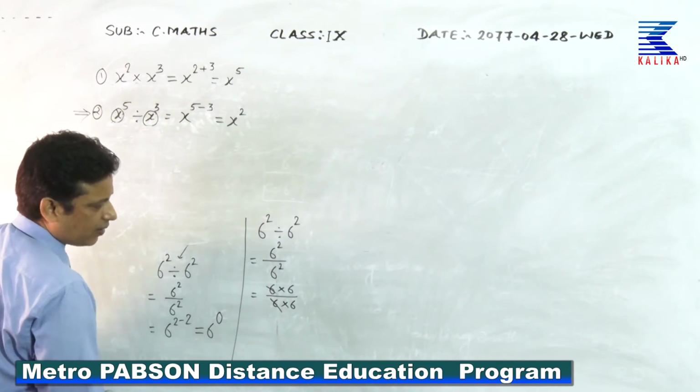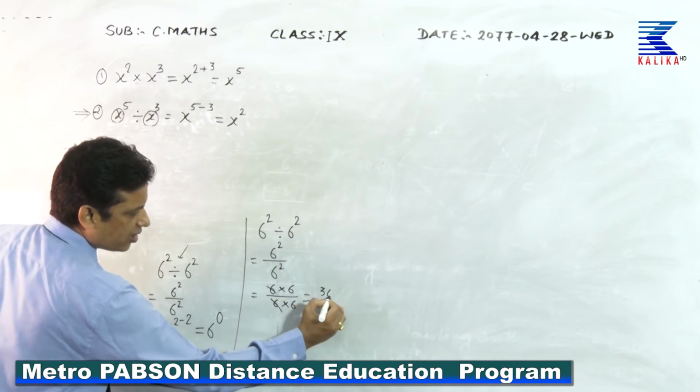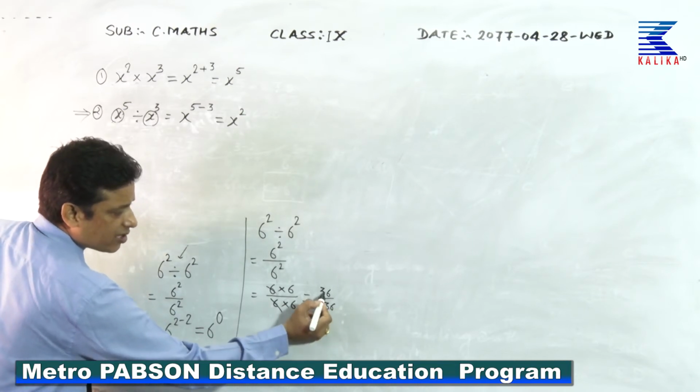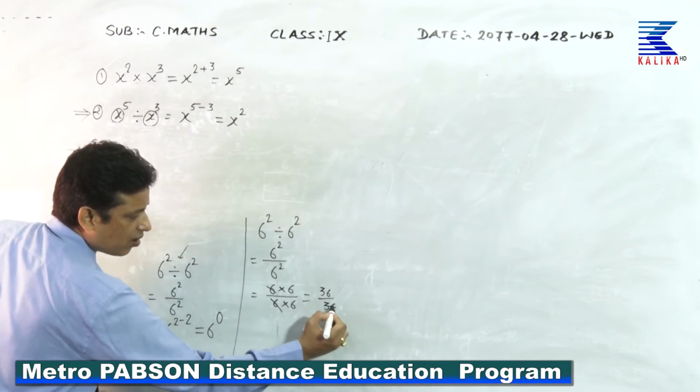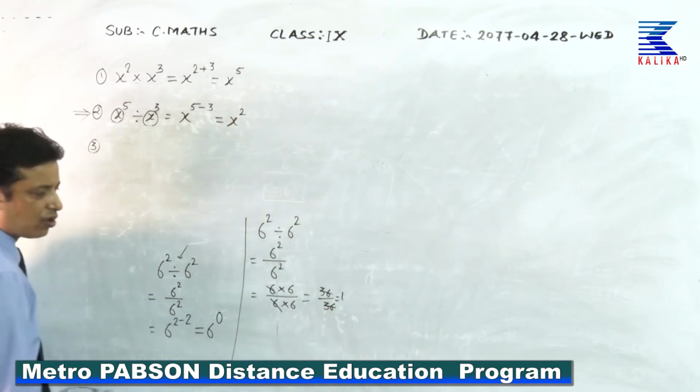In other words, 6 times 6 is 36, and 36 divided by 36 is 1.